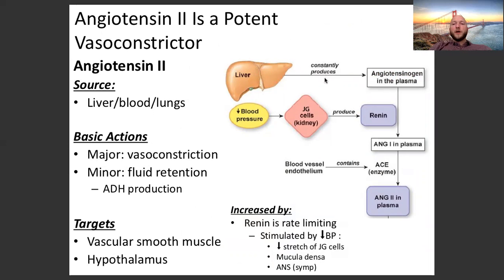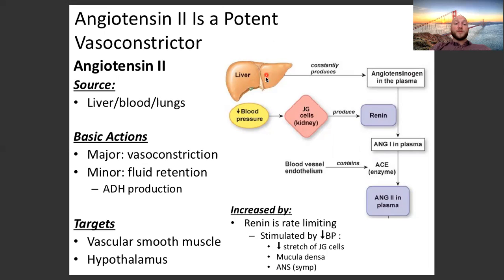So our liver is always producing angiotensinogen, and there's always some level of angiotensinogen within our bodies. The scene is set, with angiotensinogen in our plasma produced by our liver.